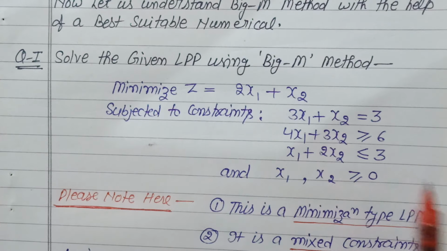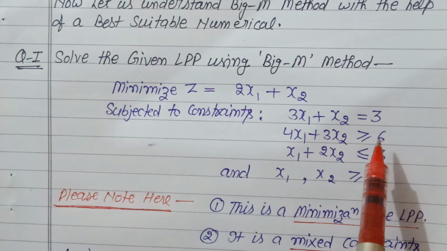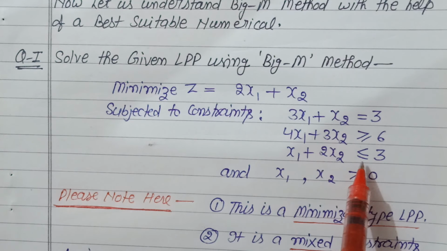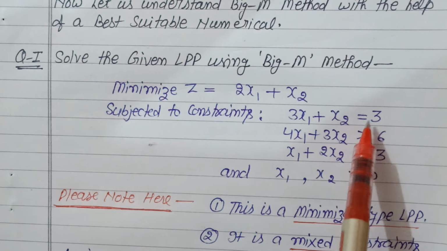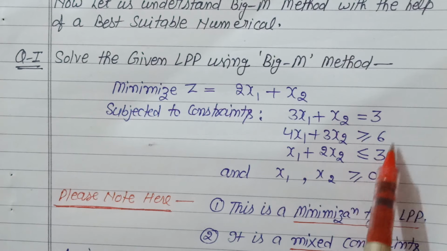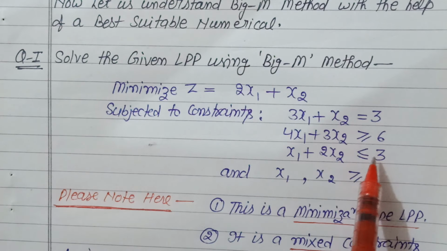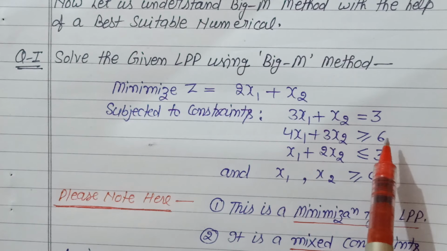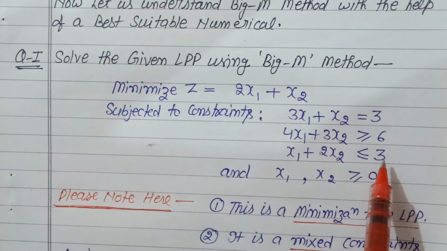It also has mixed constraints: here there is an equality symbol, here a greater than or equal to symbol, and in this equation a less than or equal to symbol. So due to these three different symbols, this LPP is called a mixed constraint LPP.